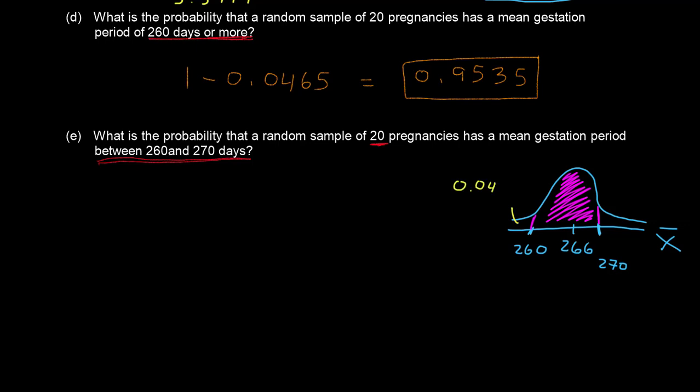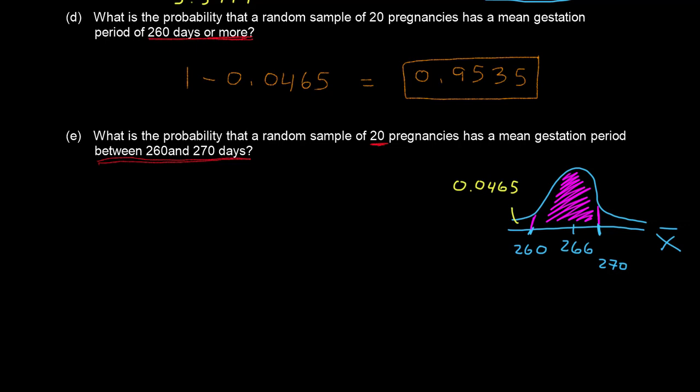We know it's 0.0465. Now, that's not the area we want, but we're going to use that in the near future. Because what we do need to do is find the probability, or the area to the left of 270 by finding a z-score, going to the z-table, and then we're going to do a subtraction.